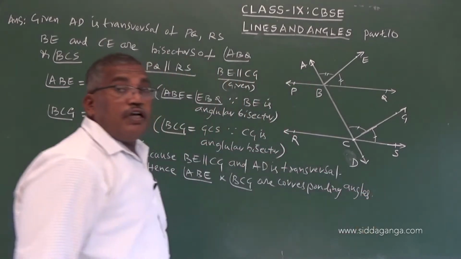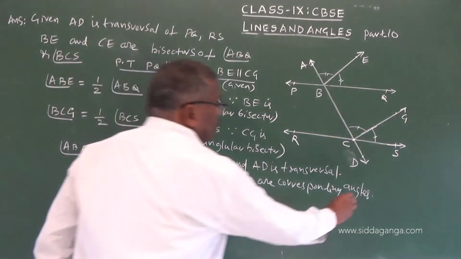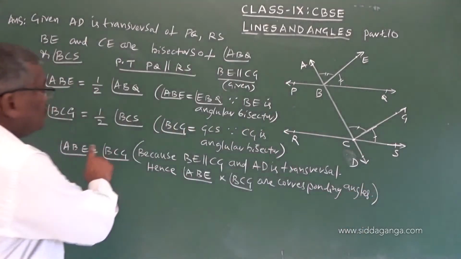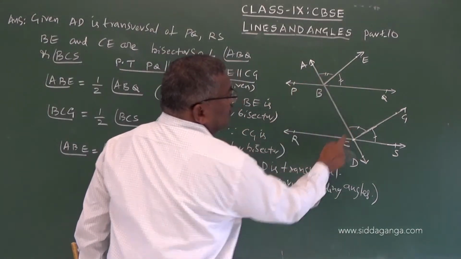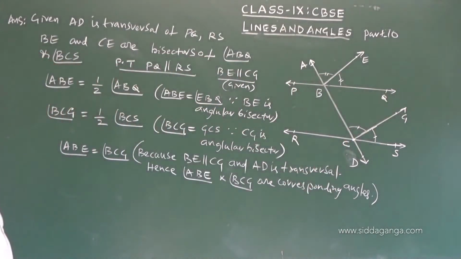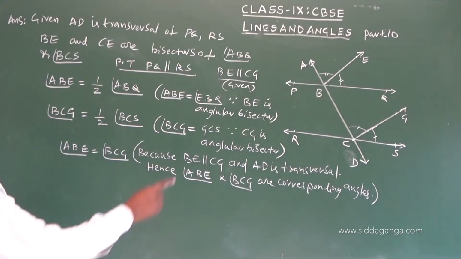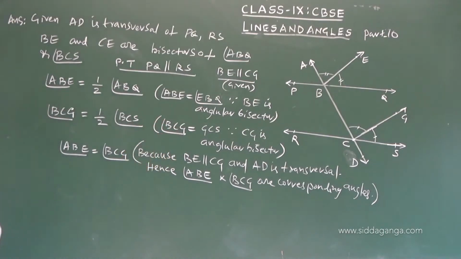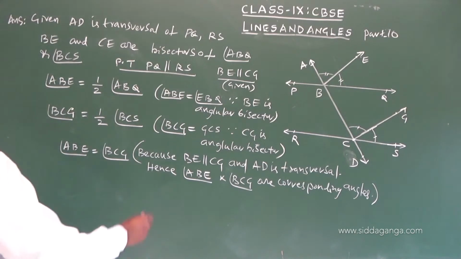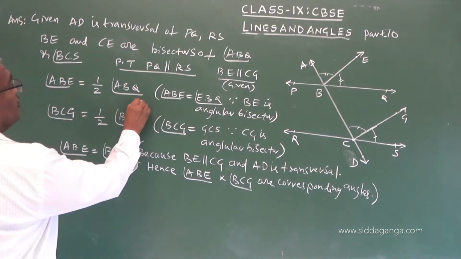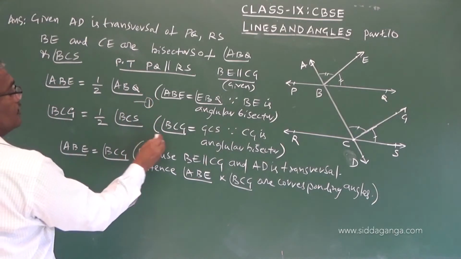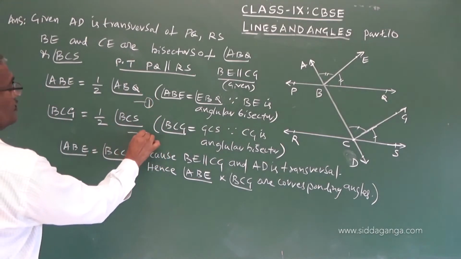When they are corresponding angles, they are equal. So this angle and this angle are equal. See, from these two, the left hand sides are equal. If I call this as 1 and this as 2.